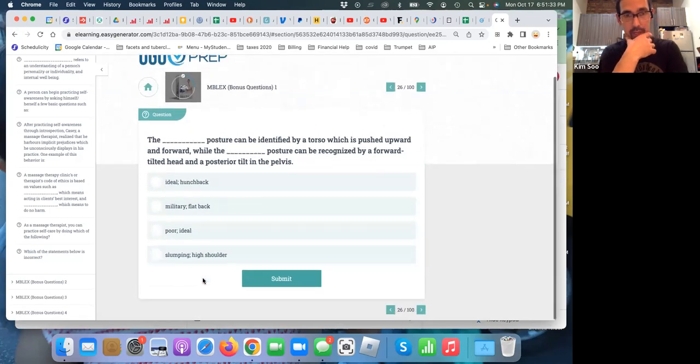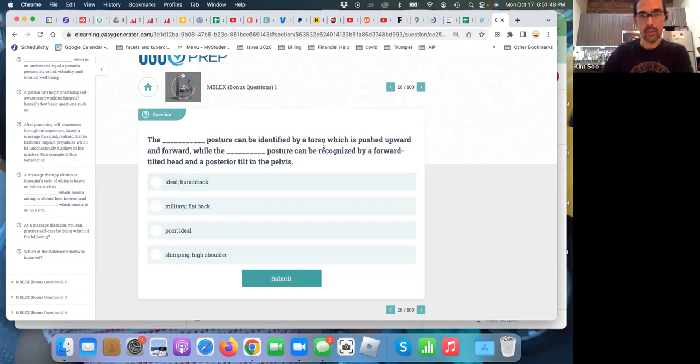The blank posture can be identified by a torso which is pushed upward and forward, while the blank posture can be recognized as a forward tilted head and a posterior tilt in the pelvis.